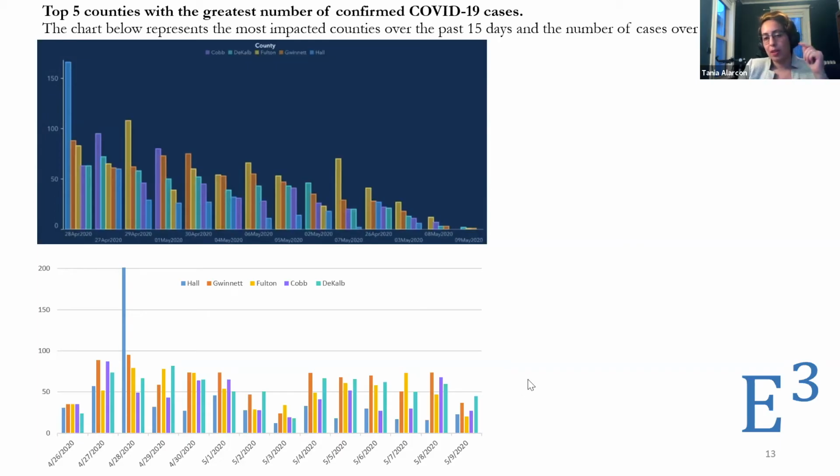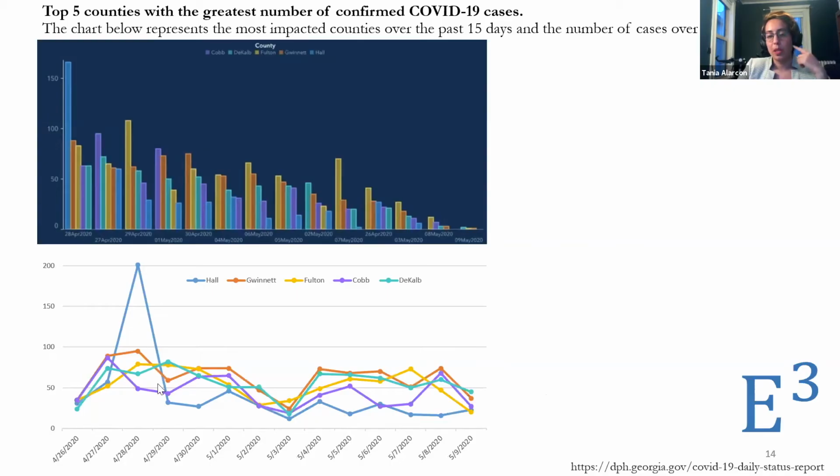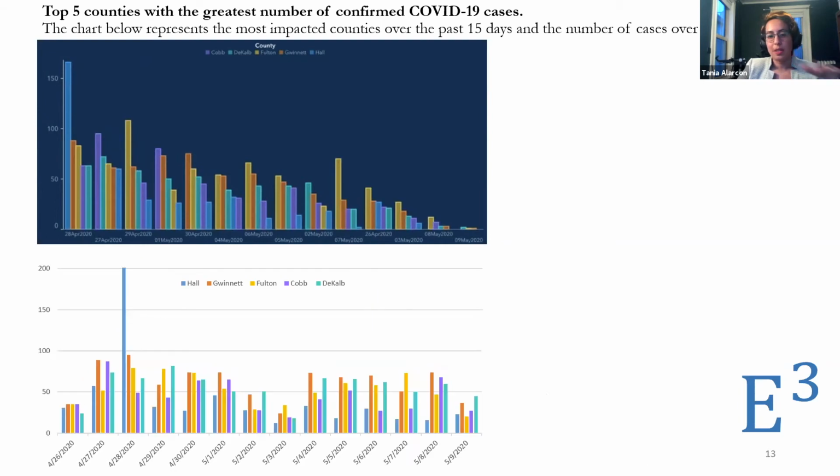I still don't think that this is a good figure. I still think it's quite difficult to see trends. So why not try a different type of figure? Why do we need bar charts? Why can't we simply use a line chart? And that's where Excel or Tableau or any of this software makes it really easy for us to change the type of graph that we're showing. You don't need to stick to a bar chart just because that's the first thing that came to mind.